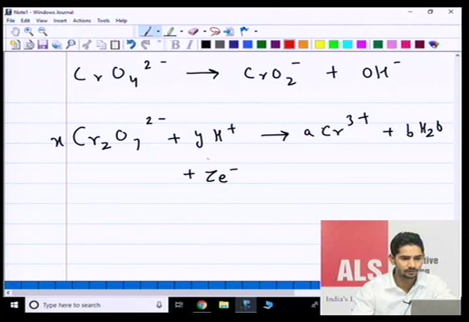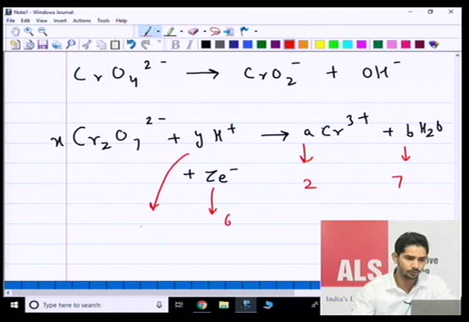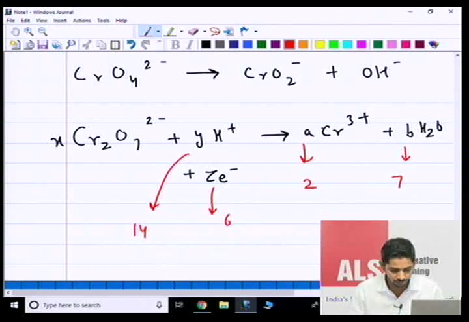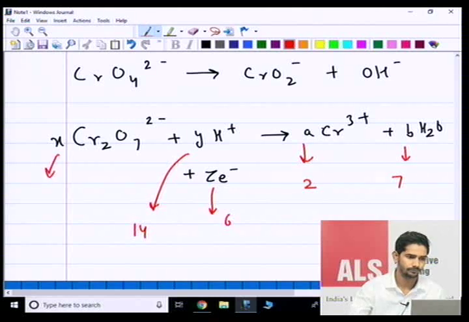I remember that this should be 7, this should be 2, this should be 6, and this should be 14. You can check in which option these numbers are present, and that will be your answer, and X will be 1. Please guys go option wise, no other choices for this one.